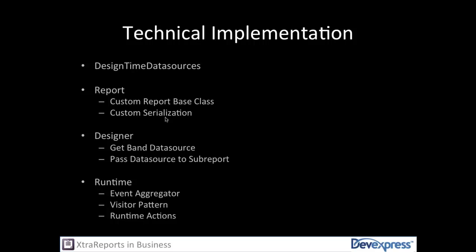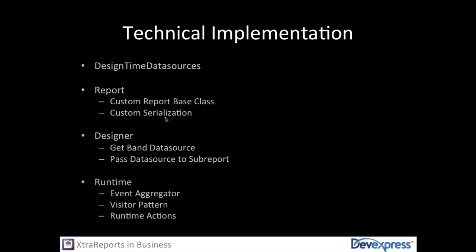In the designer, it's important to get the data source out of the current band. If you remember when we were double-clicking on a subreport, it was getting the order detail right out of that band and passing that right into the subreport. And to do that wasn't quite straightforward, so we made that really easy.